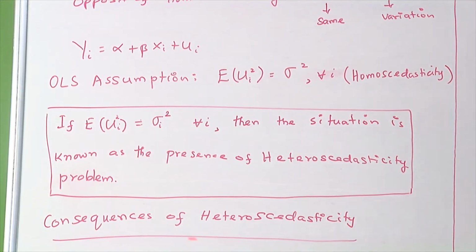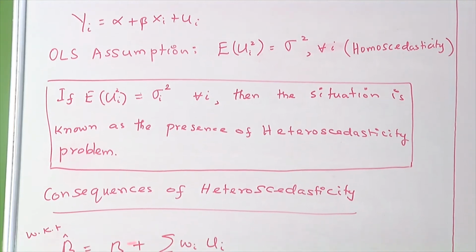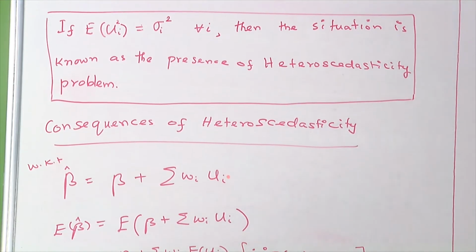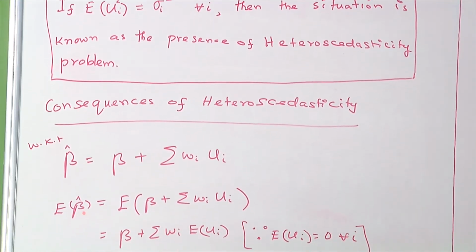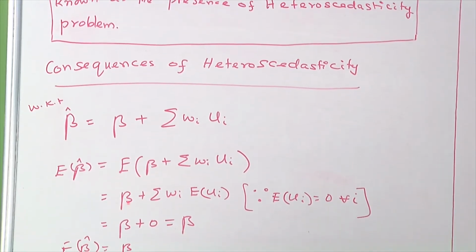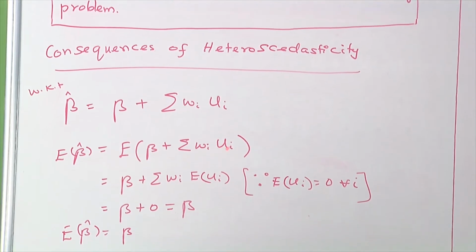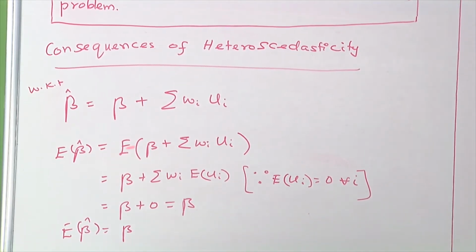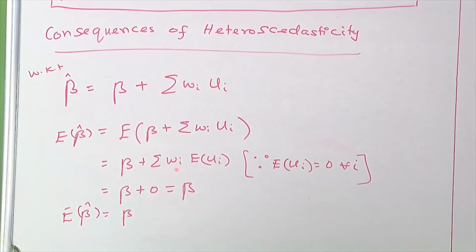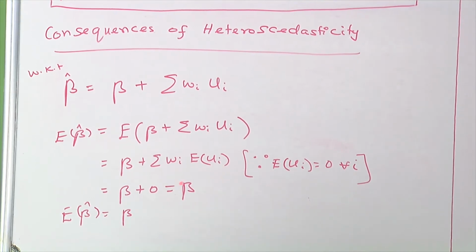Let us see the consequences of heteroscedasticity. We know that beta hat is equal to beta plus sigma wi ui. Expectation of beta hat is equal to expectation of beta plus sigma wi ui. Ui is the only stochastic variable, so you can take the expectation only for that. So, this becomes beta plus sigma wi expectation of ui, and this expectation of ui is 0 because that assumption is not violated, only the assumption of homoscedasticity is violated here.